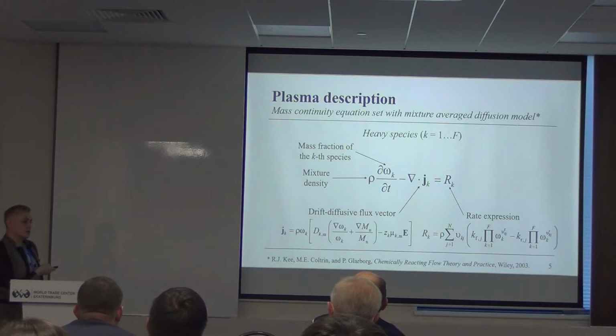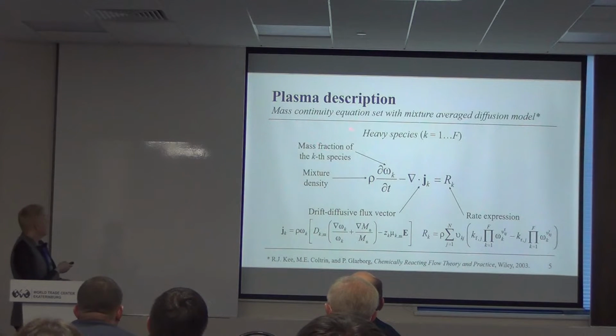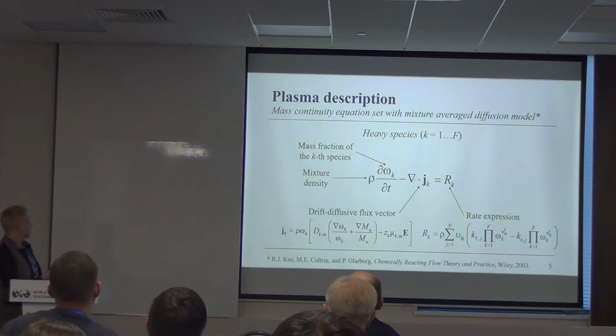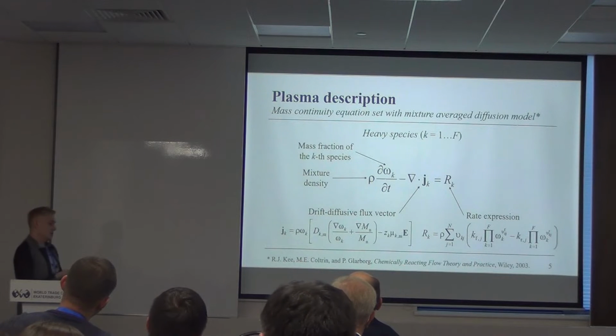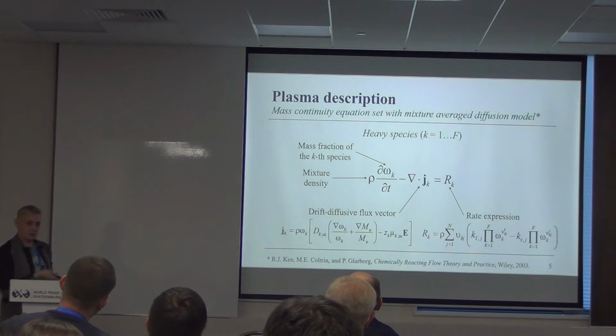The heavy species include ions and neutral species, described by mass continuity equations. The diffusion coefficients are calculated using the mixture-average diffusion model, and the rate expression and rate coefficient for electrons are determined by plasma chemistry, as will be discussed later.